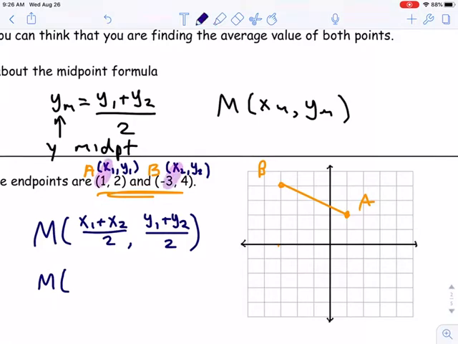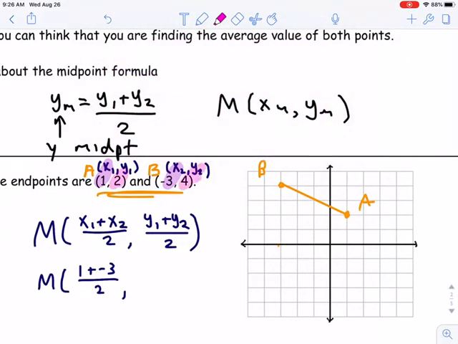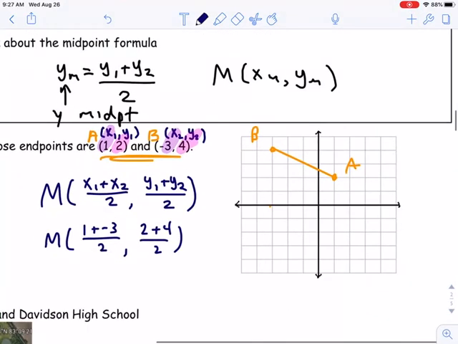So I'm going to add the x's together: 1 plus negative 3 divided by 2. And then do the same for the y's: 2 plus 4 divided by 2. So 1 plus negative 3 is negative 2, over 2. 2 plus 4 is 6.